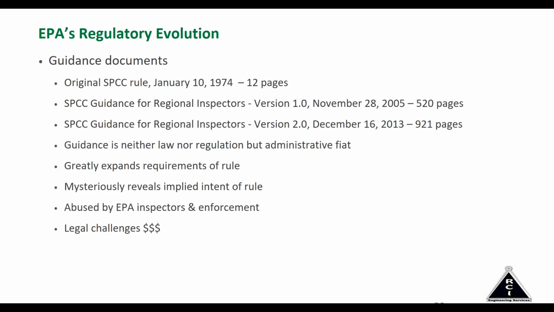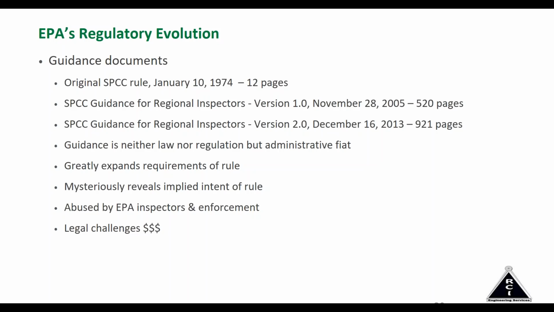Another thing that has evolved with the EPA are guidance documents, and they've written 2 guidance documents since the rule was first implemented in '74. The actual rule itself is not very long. The original rule was only 12 pages long. But in 2005, they wrote their first guidance document, and this guidance document was for their inspectors.